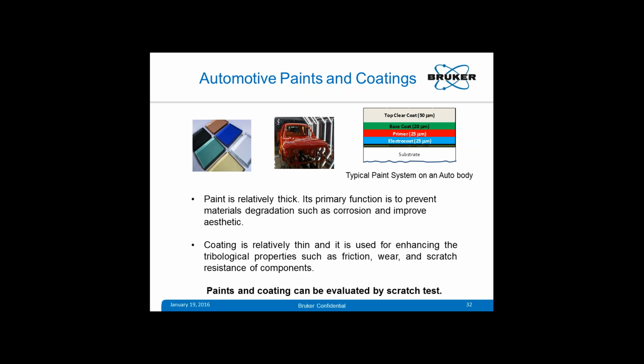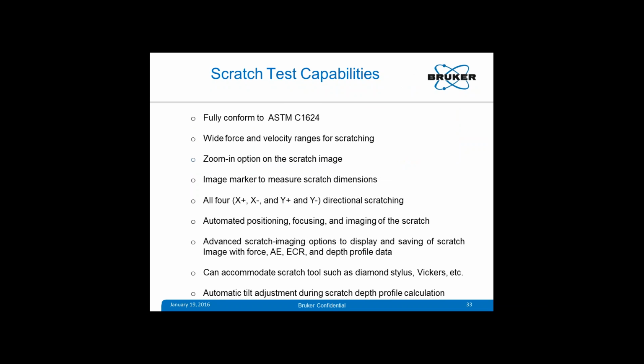These things can be evaluated using the scratch test, which is part of the UMT TriboLab. UMT TriboLab has scratch test capabilities. It fully conforms to ASTM C1624. It has wide force and velocity ranges. It has zoom-in options to see the scratch image immediately after scratching.